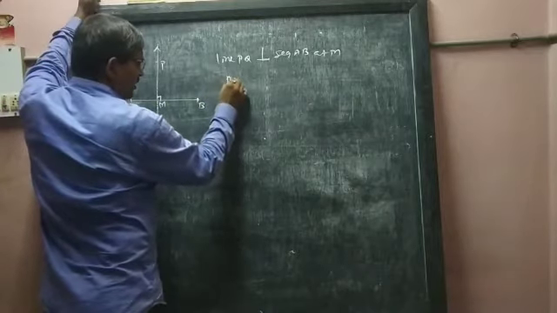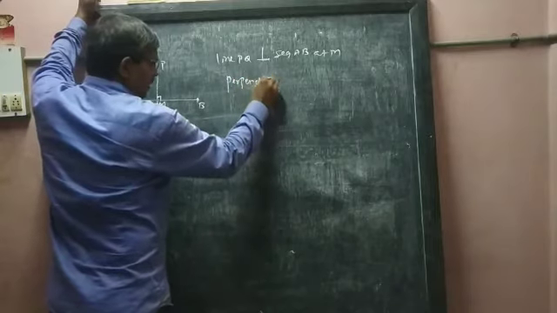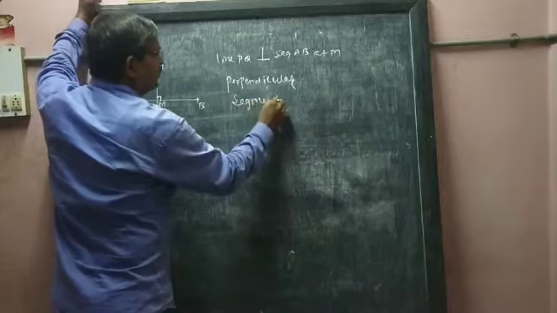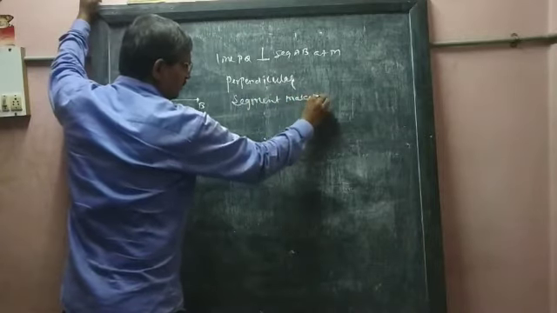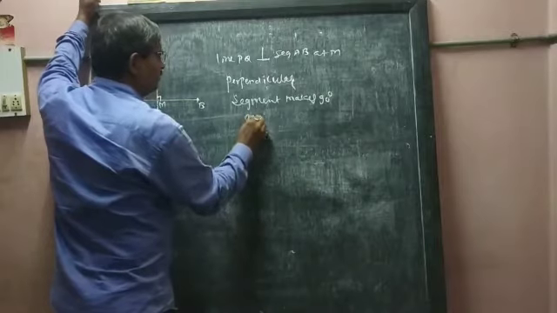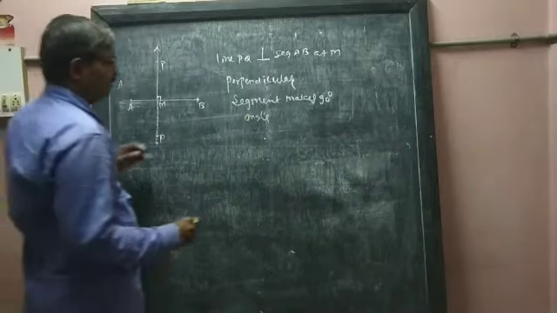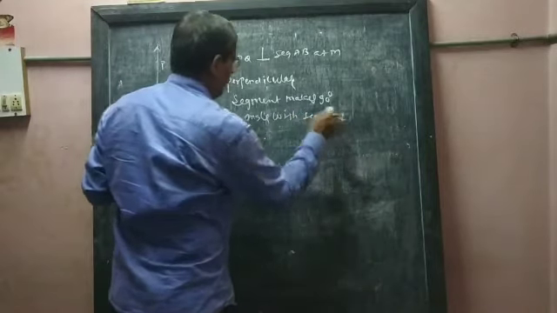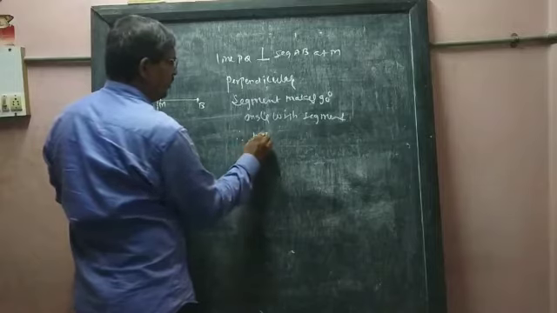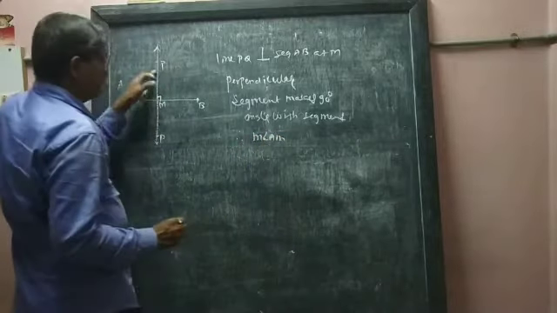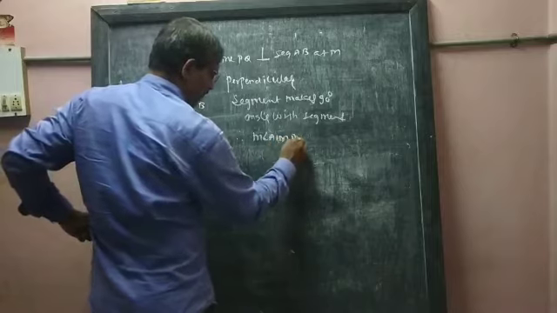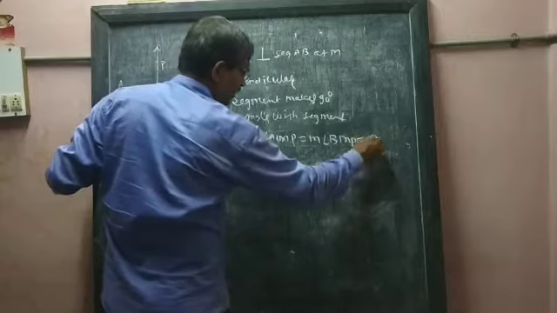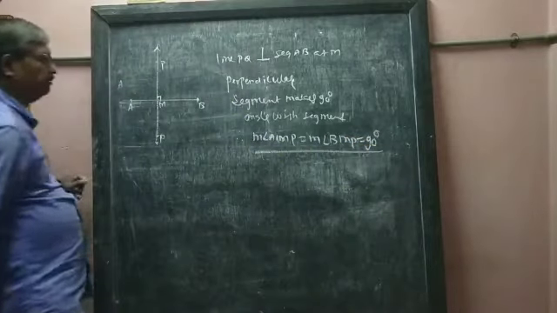A perpendicular segment makes a 90-degree angle with the segment. Therefore, measure of angle AMP is equal to measure of angle BMP is equal to 90 degrees.